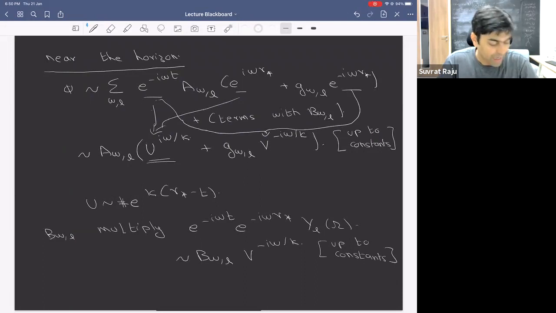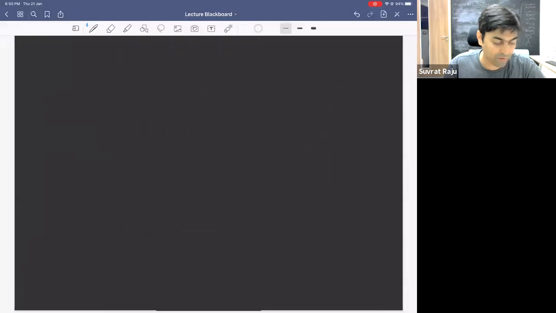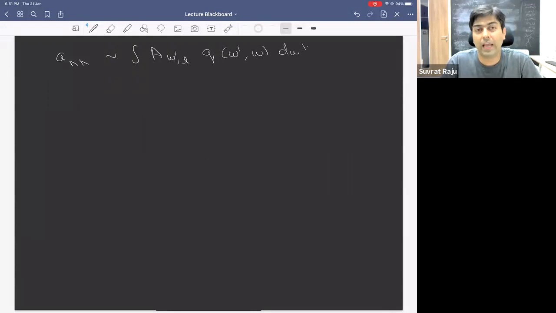And therefore it must be the case that these near horizon modes, whatever they are, must look like some function of omega L, omega prime L into Q of omega prime omega, because they're going to pick up the A modes and they're not going to pick up the B modes.